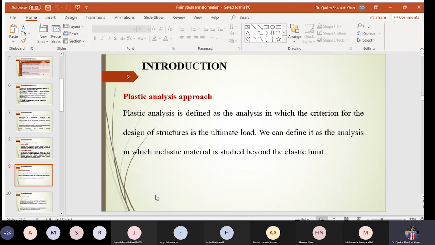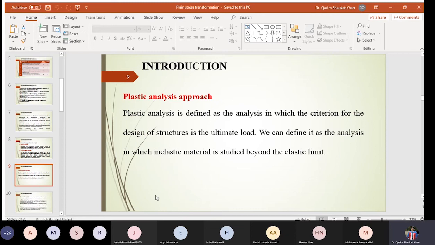For plastic analysis, the two commonly used methods are the equilibrium method and the virtual work method, and we do it in much detail in MSc, where we analyze beams and frames.